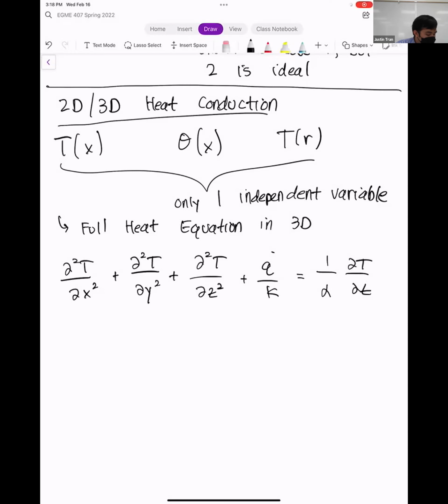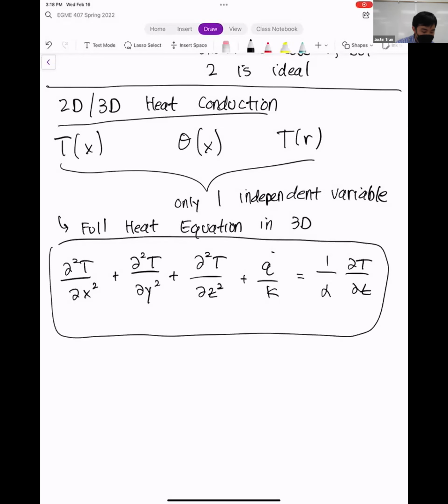Previously, the only spatial derivative we had was the x one, but when you extend this to 3D, you also have a derivative in the y direction and in the z. So this is our heat equation.